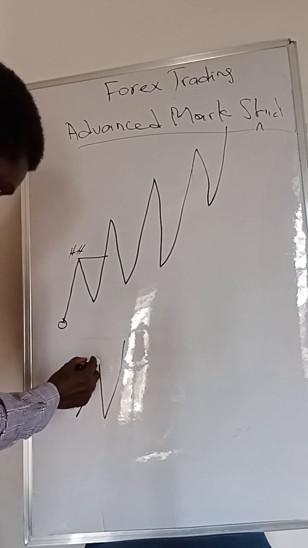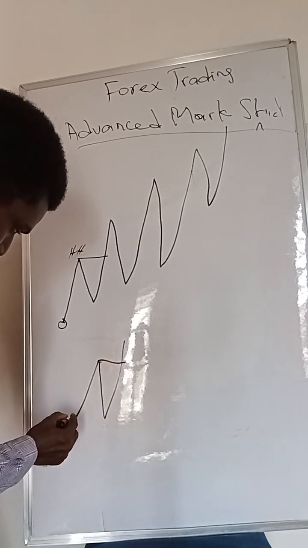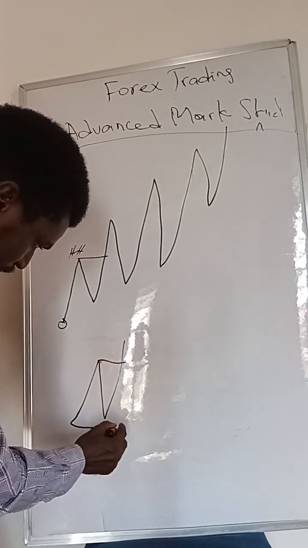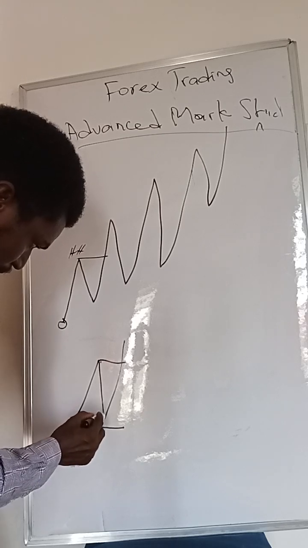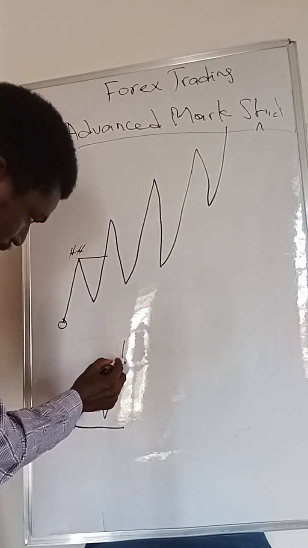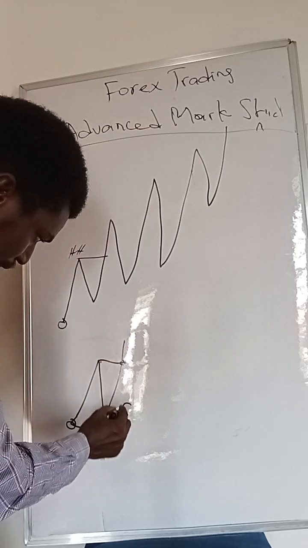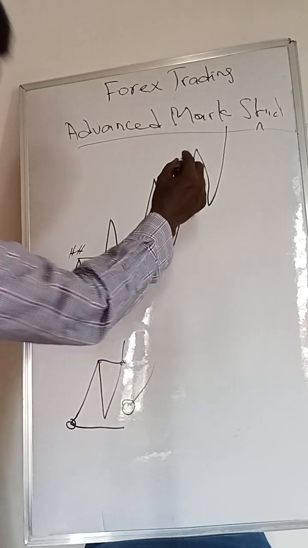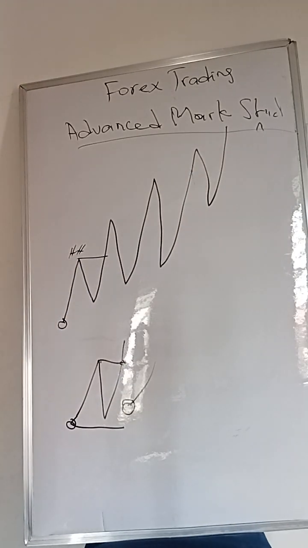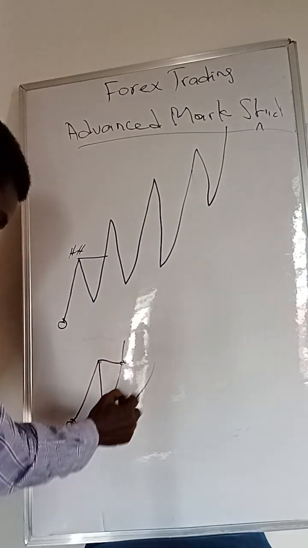Now, once it broke this and it didn't reach here, you realize it didn't reach this and it went up to break this. Now, you will be waiting for this market to come down somewhere here for you to buy it. It's as simple as that. Once you see N like this, you can wait for it.